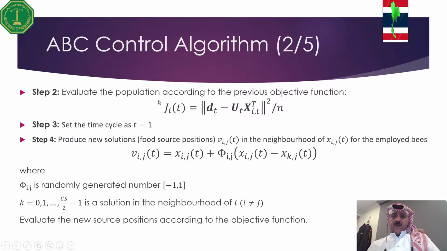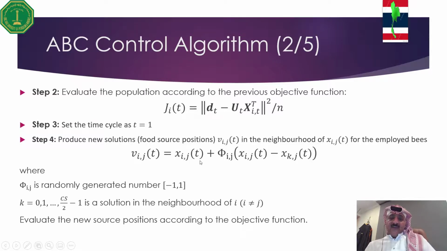Step 2, we solve for the objective function. Now we start recursion here. Step 3, t equal 1, then we proceed. Every time we repeat t up to and so on, and we come back to step 4. So step 4, we produce a new solution called food source position Vij t in the neighborhood of Xij.